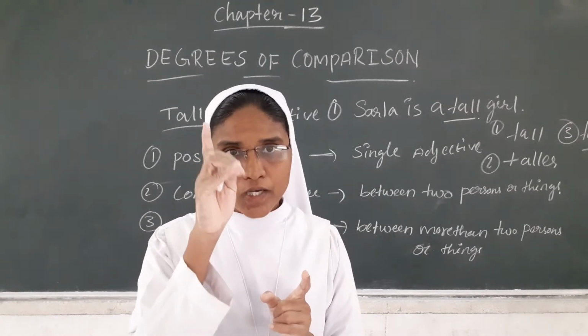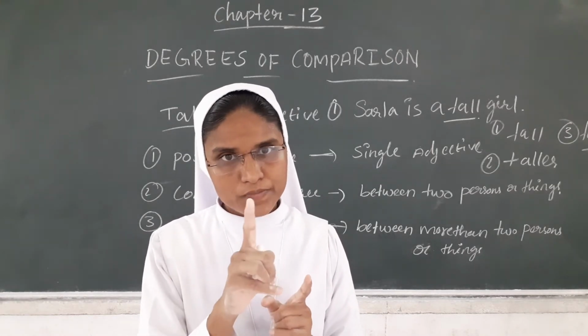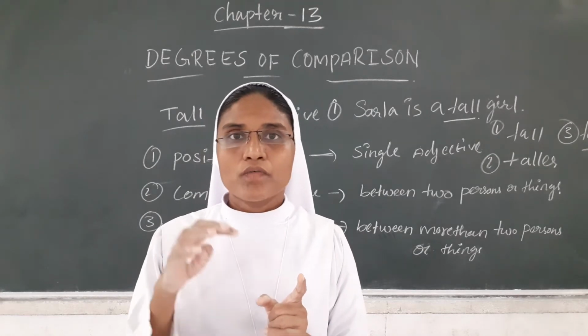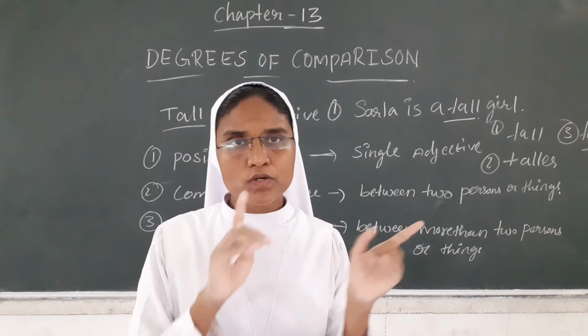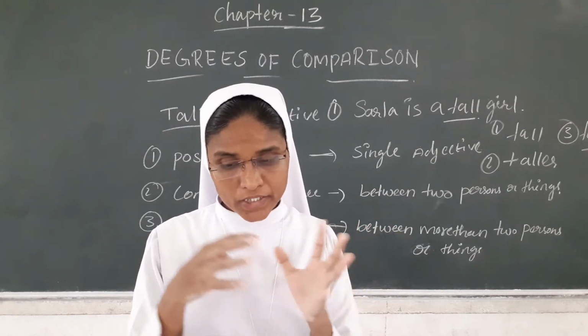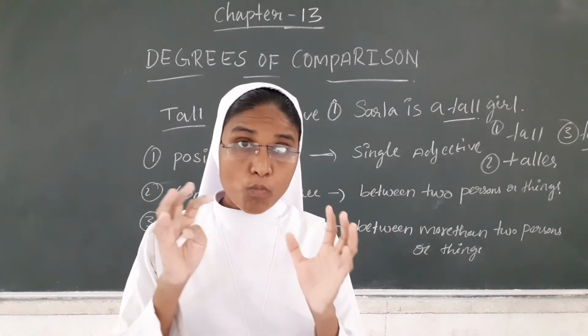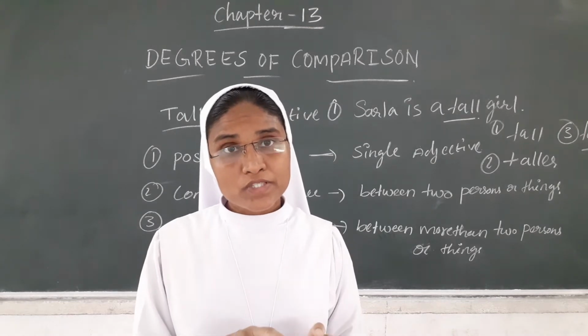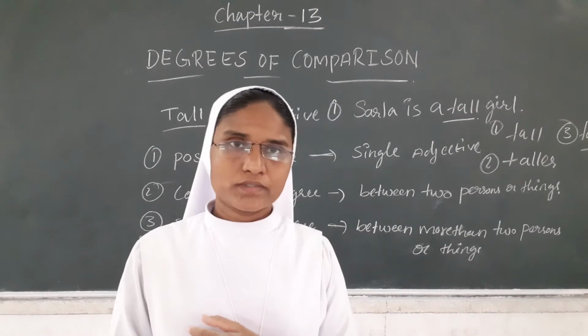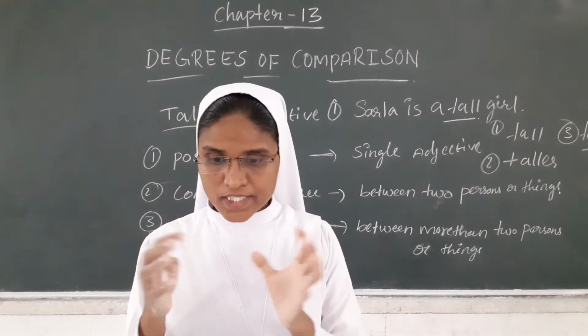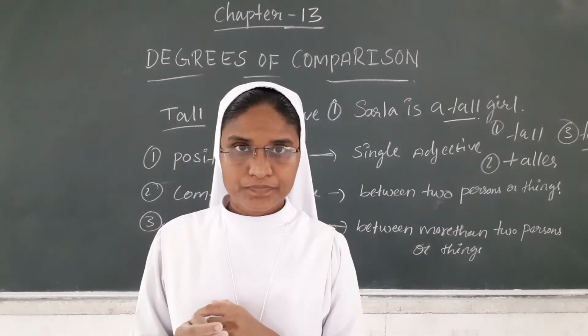Positive means a single adjective. When comparison is made between 2 persons or 2 things, we call it the comparative degree. More than 2 persons or more than 2 things, we call the superlative degree.